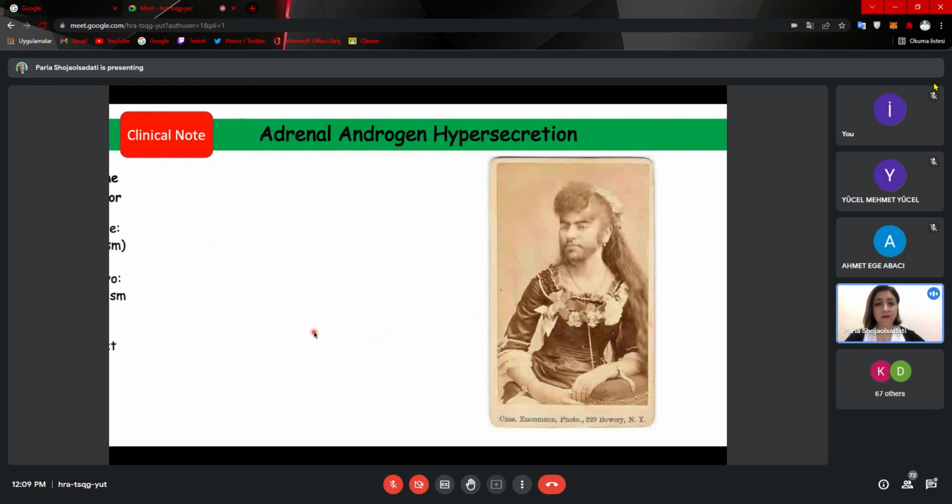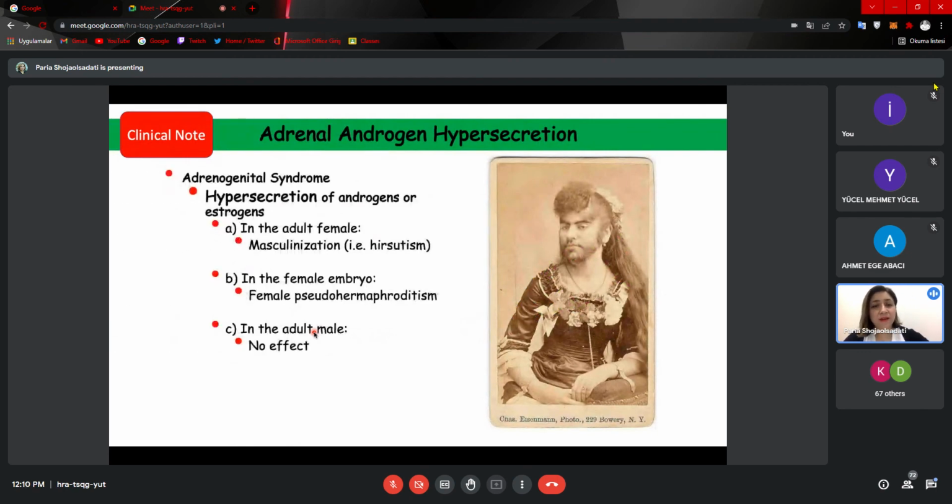The last thing I'd like to talk about is the clinical condition famous as adrenal androgen hypersecretion. These androgens have different functions in each gender and in different life periods.